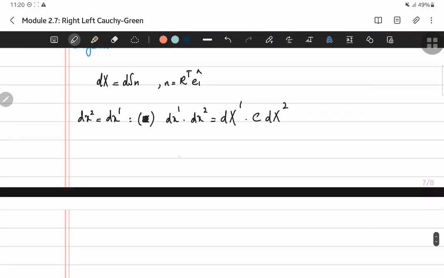All right, where I have dx1 is equal to ds1 n, right?